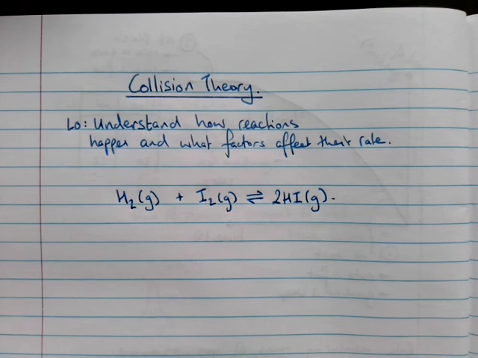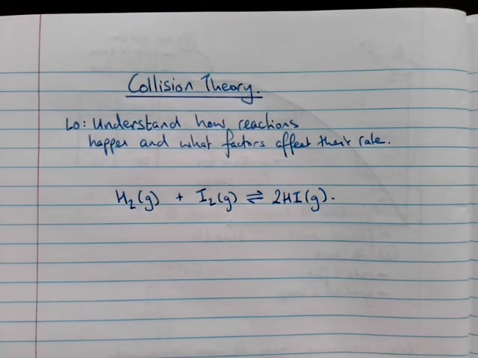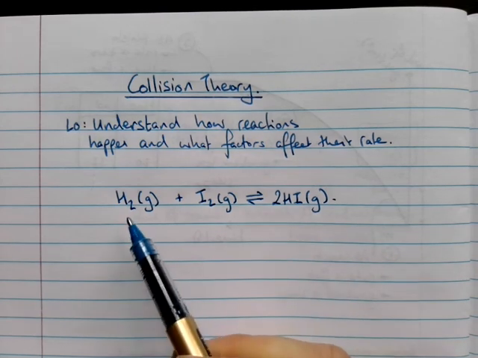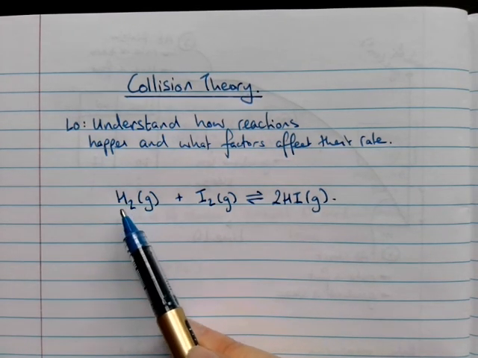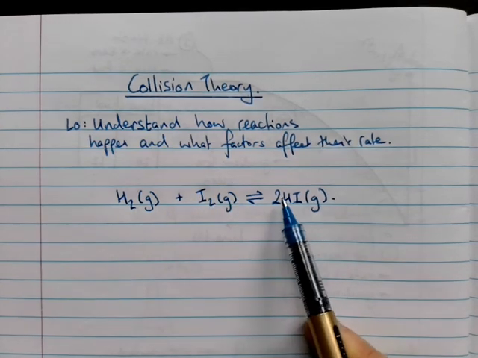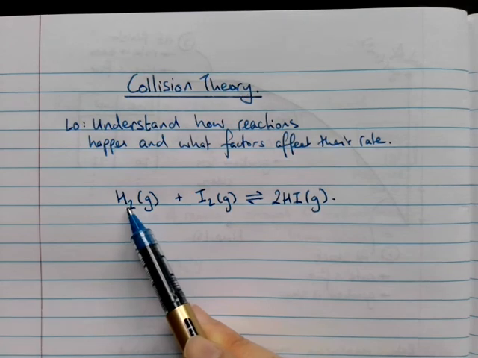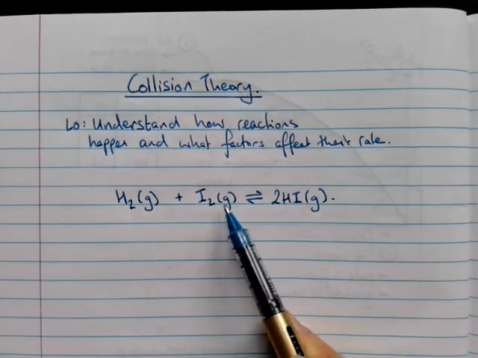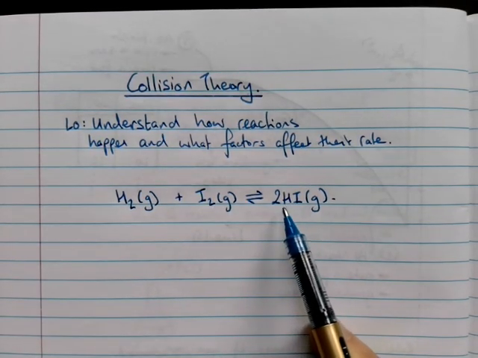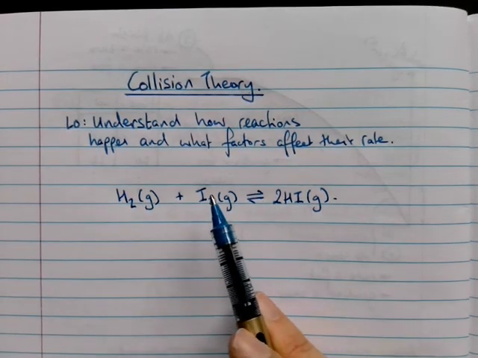Now you should all be fairly happy with that reaction as it is written there. So the idea is that I have this covalently bonded molecule and this covalently bonded molecule, and they react together and produce a new covalently bonded molecule. And it's balanced. There's two hydrogens here, two hydrogens here, two iodines here, two iodines here. Okay. Now you don't need to memorize this equation or anything like that. This is just an example so you can see what's happening.